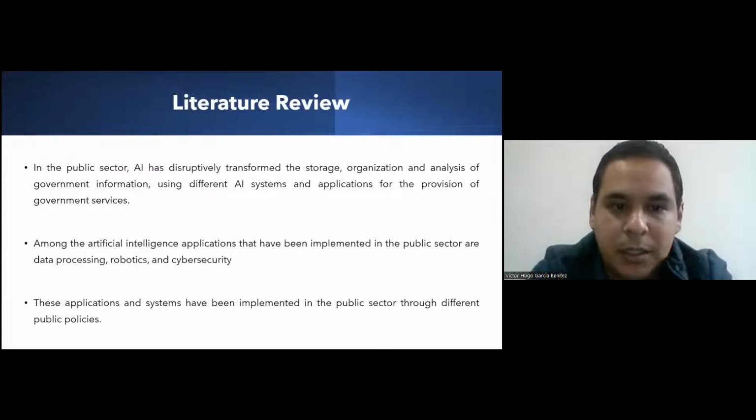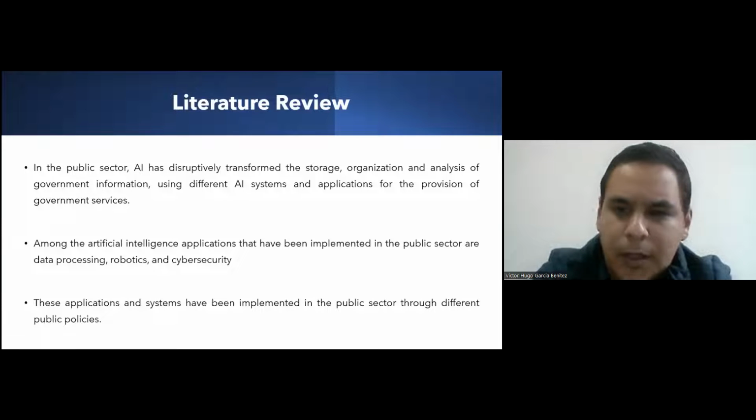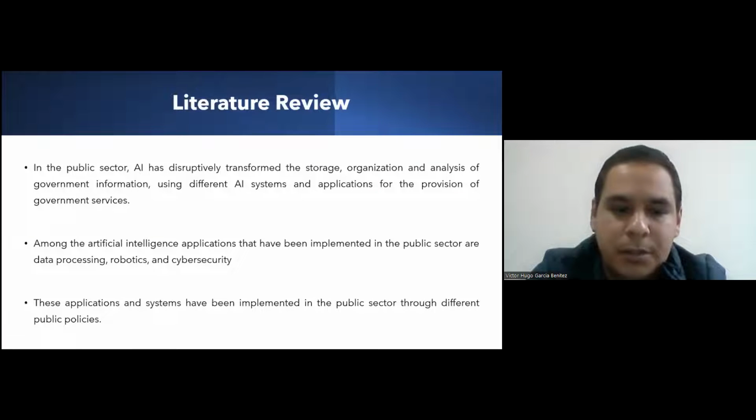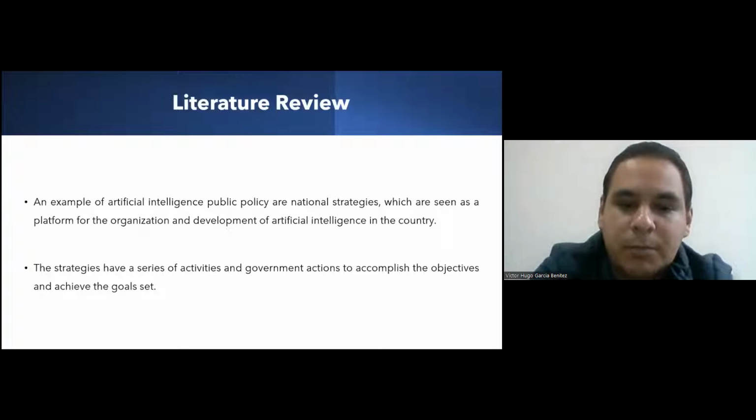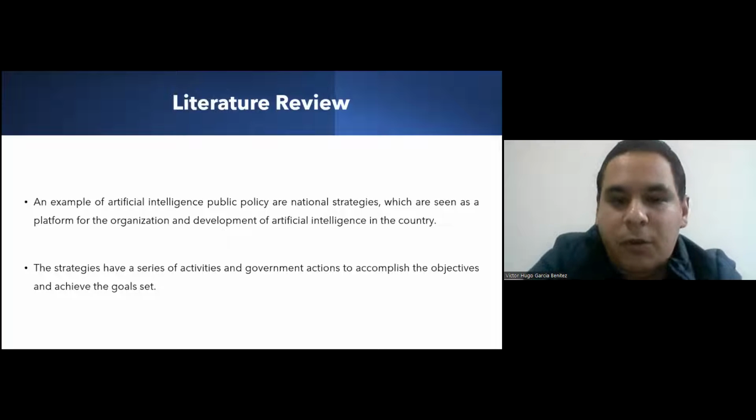Among the artificial intelligence applications that have been implemented in the public sector are data processing, robotics, and cybersecurity, to mention a few. These applications and systems have been implemented in the public sector with different policies. An example of artificial intelligence public policy is national strategies, which are seen as a platform for the organization and development of artificial intelligence in a country.